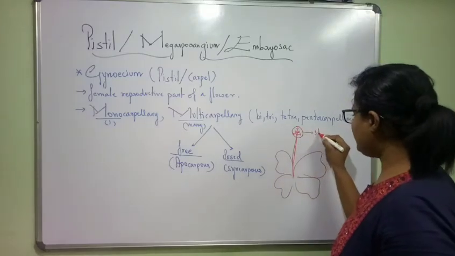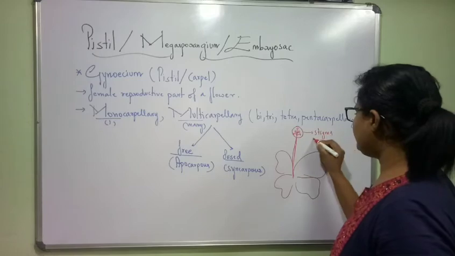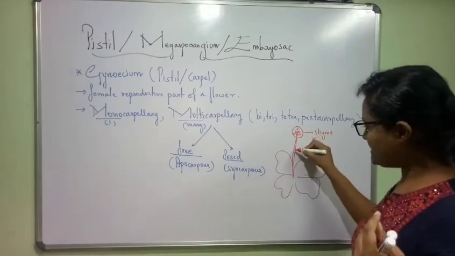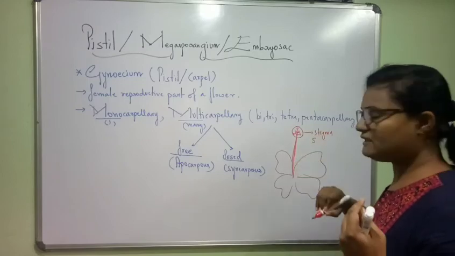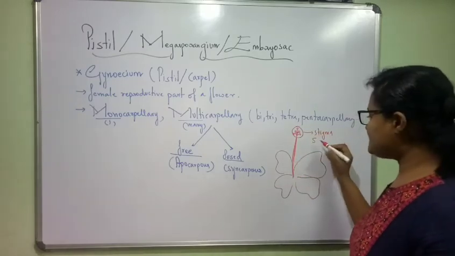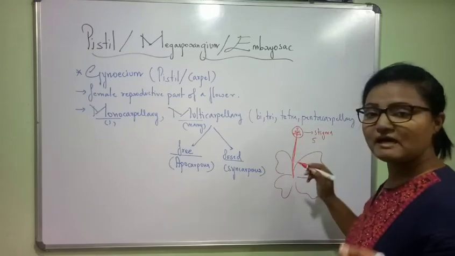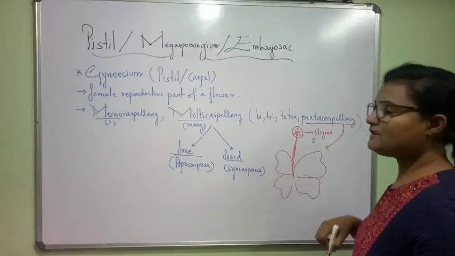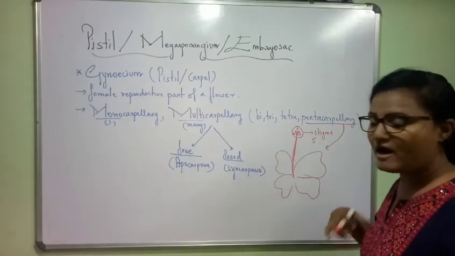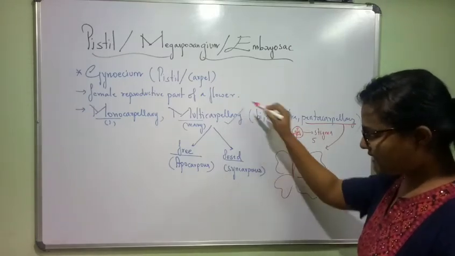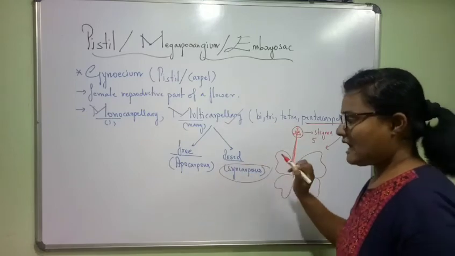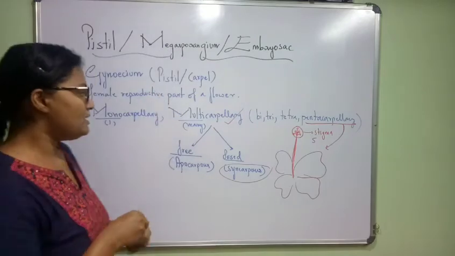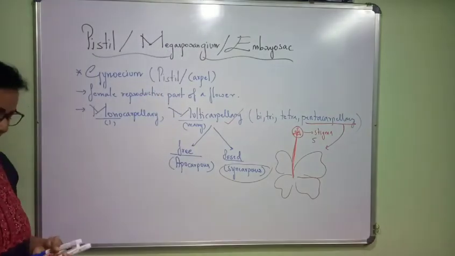These are stigmas, 5 in number, and all 5 stigmas are here, but we can see only one single tube, right? It means those pistils are fused here. So for pentacarpellary, we can give the example of the hibiscus flower, where we can see the multicarpellary, syncarpous condition, that is fused. Understood? So this is the basic thing.